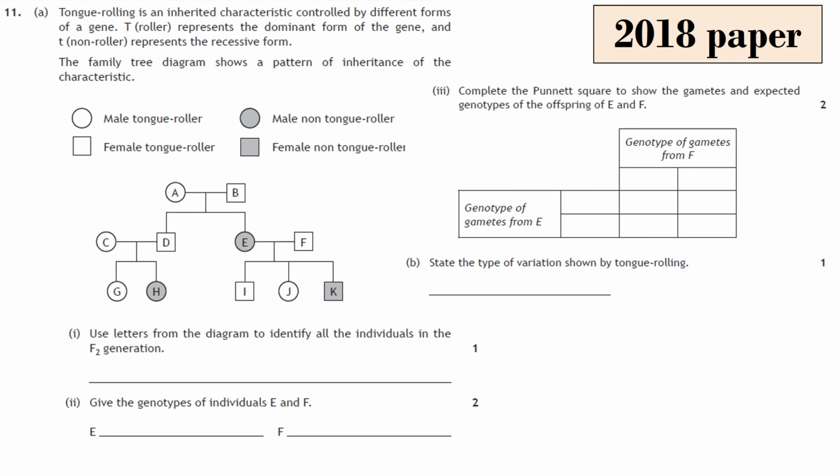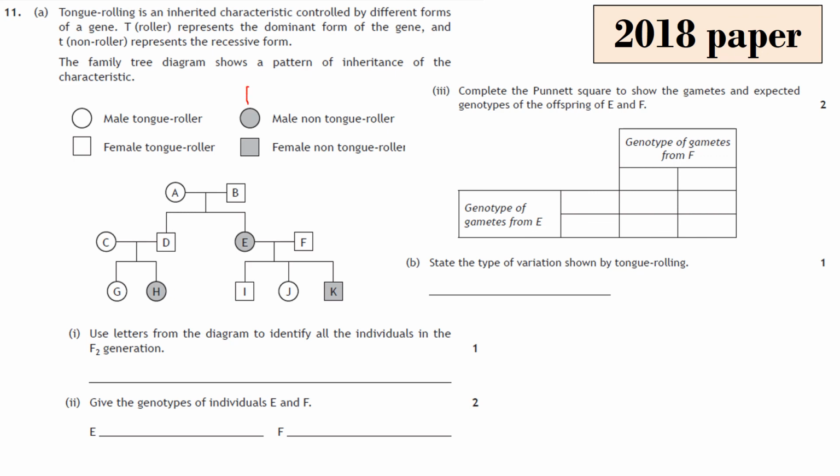For this one, tongue rolling is an inherited characteristic controlled by different forms of a gene. Big T roller represents the dominant form of the gene, and small t non-roller represents the recessive form. The family tree diagram shows a pattern of inheritance of the characteristic. They've put in white colour is tongue roller and the dark colour is non-tongue roller, and it tells you that non-roller is the recessive form.